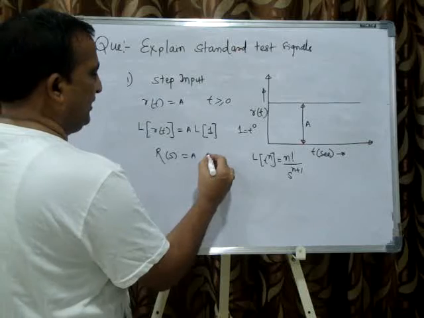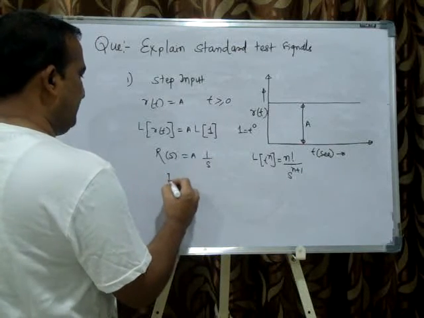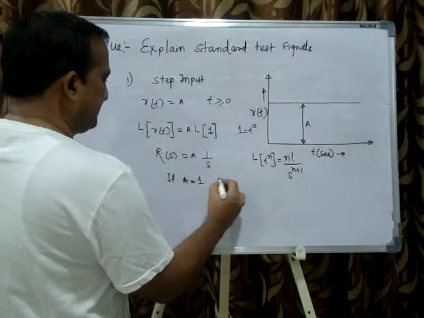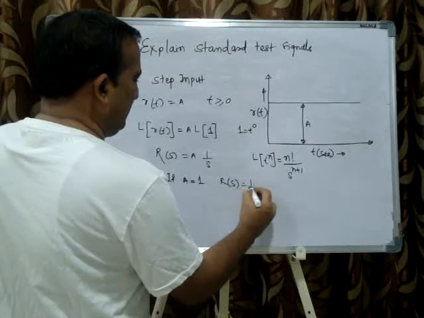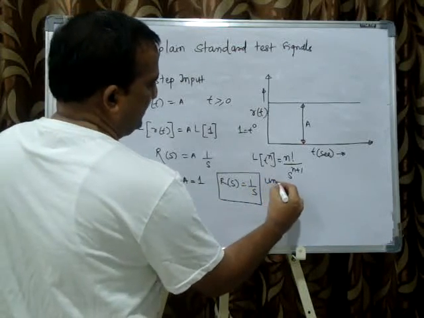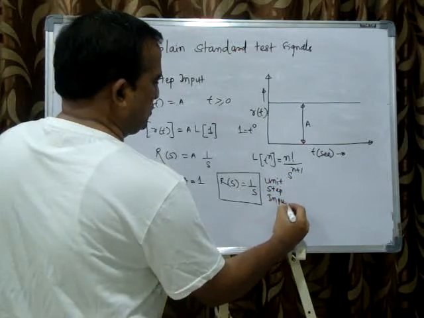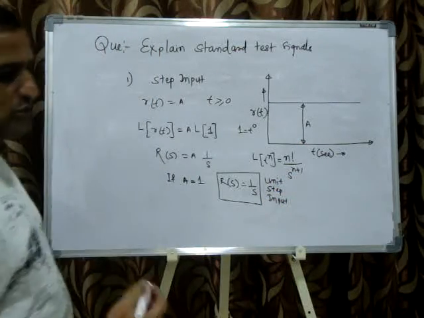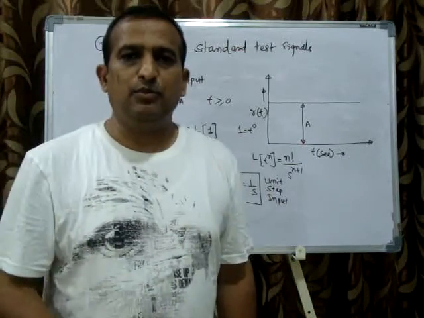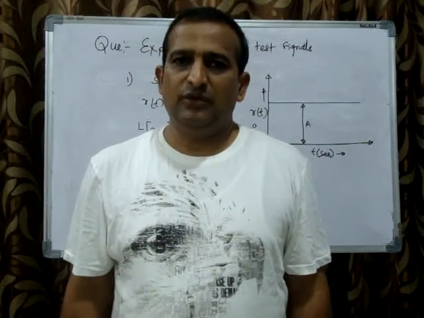the Laplace of 1. What is the Laplace of 1? 1 by s. So if A equal to 1, R of s equal to what? 1 by s. This is called unit step input. Suppose your input is 1 volt, 1 ampere, 1 Newton meter torque, or 1 Newton force.